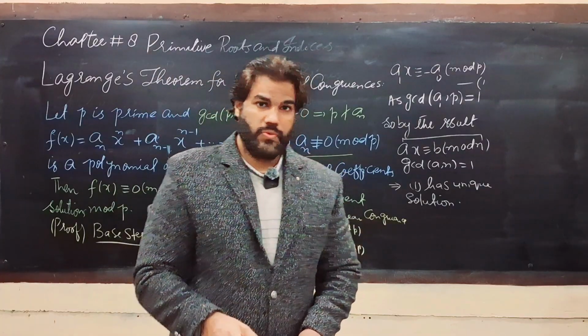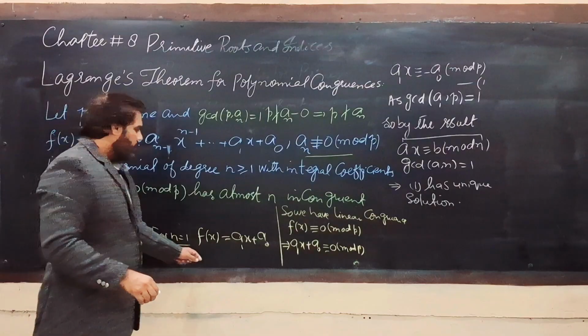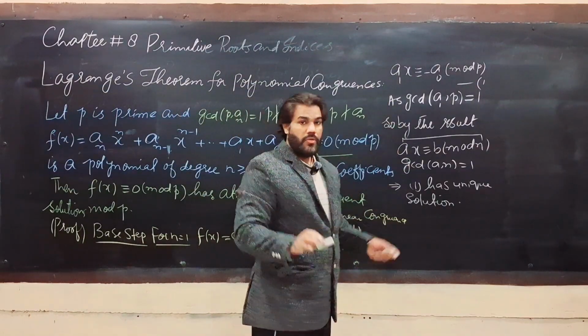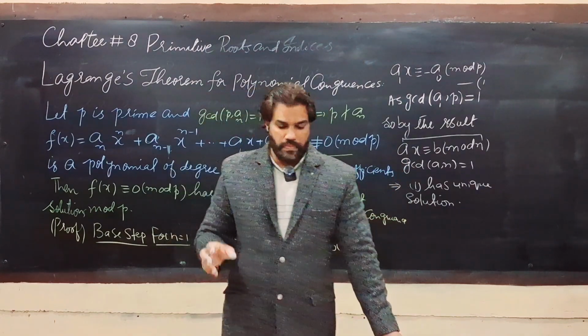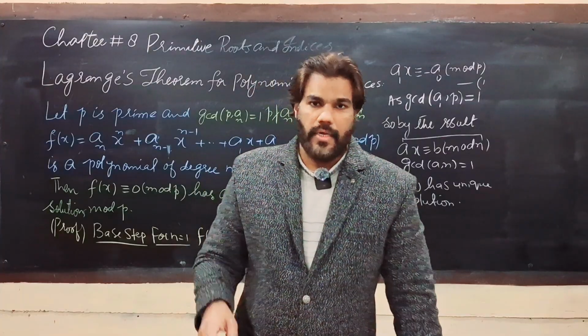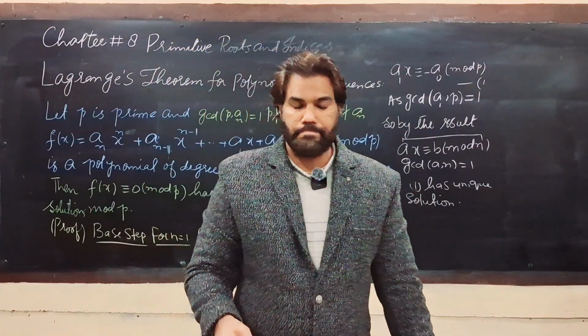When n is equal to 1, we have a linear congruence, and in this case we have proved that this linear congruence has a unique solution by using this result. Next, we suppose that the statement is true for n equal to k minus 1, and we will consider the theorem for n equal to k.